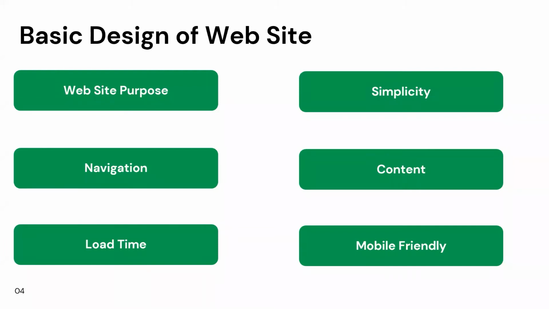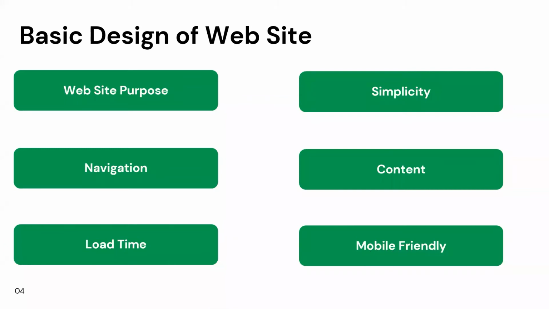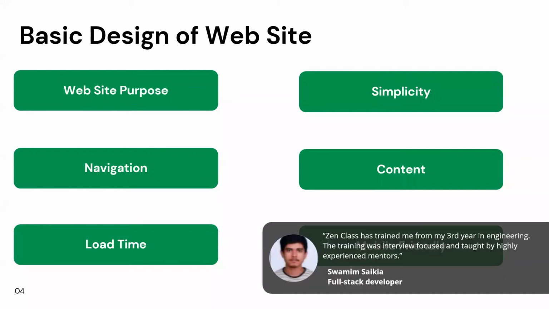So it needs to be properly tested during development. If we want this site to be used by any user on any device, then we need to take care of that functionality also. So these are some of the major key aspects which we need to focus on while we are going to design a particular website.